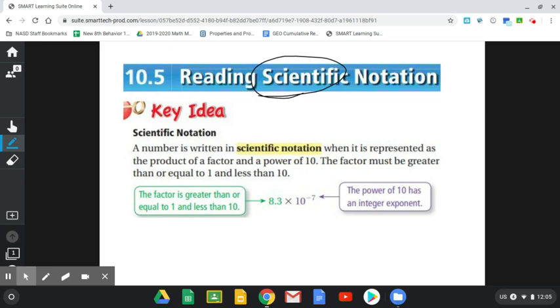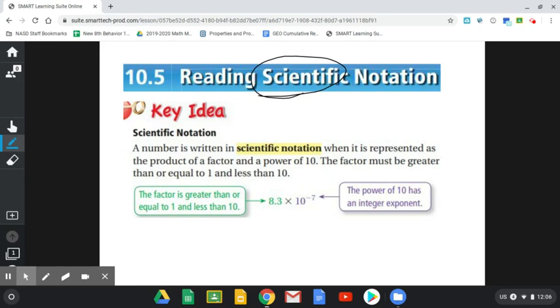For example, if you were a chemist, you might be dealing with a number of atoms inside a particular substance, and that number would be super, super big. And instead of writing it out with all these zeros like I had done with the 926 billion, it's easier to write it in scientific notation, because then it's easier to work with.